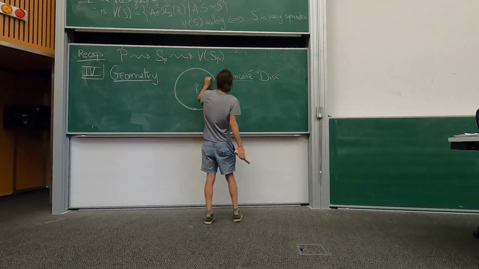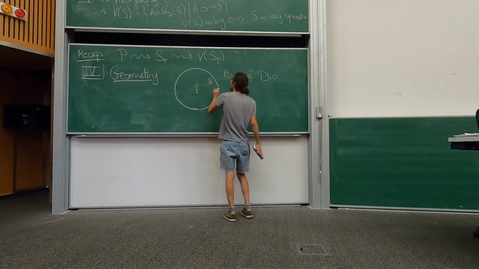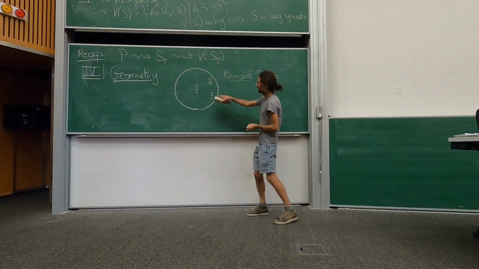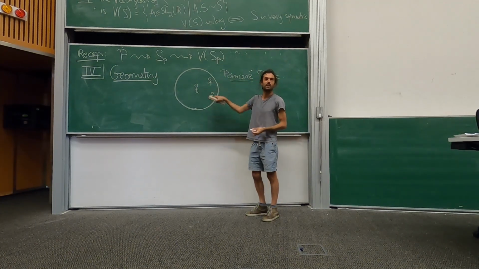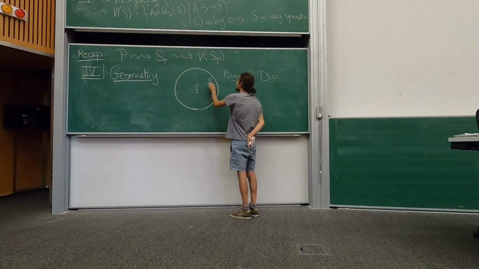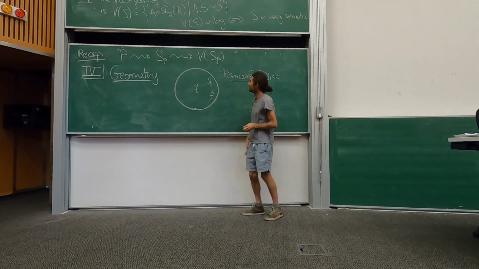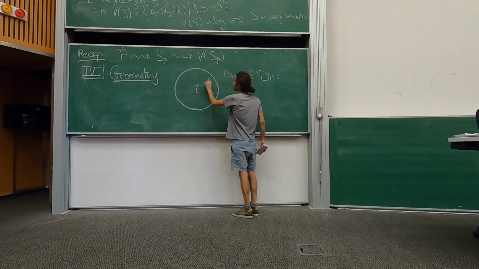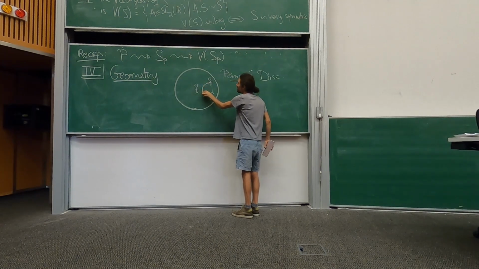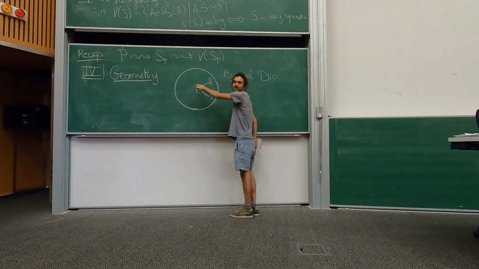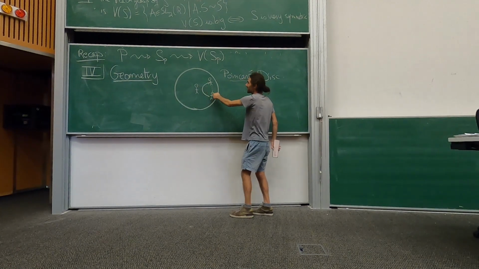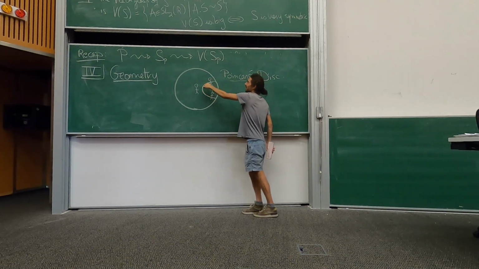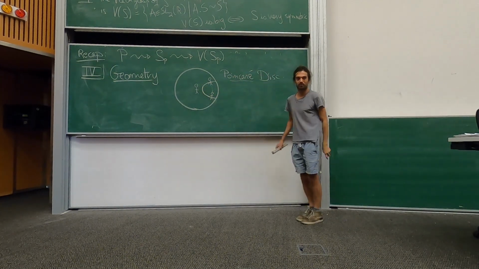So maybe if you are living here and your best friend is living there, if you want to go and visit him or her, it's not very smart to go this direction because you're too close to the boundary. Maybe it's smarter to go a bit closer to the center where it's warmer and then go back. And so this will be the straight lines, the shortest path of our geometry.